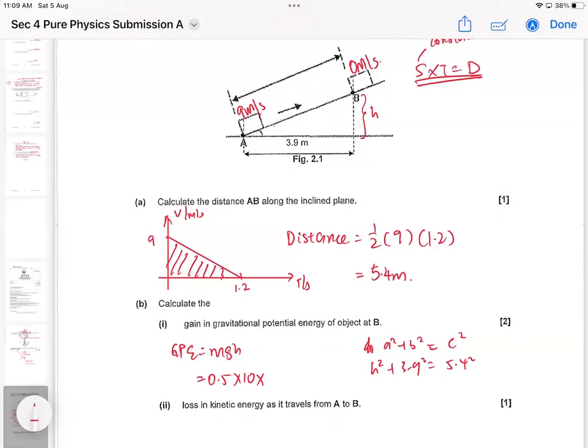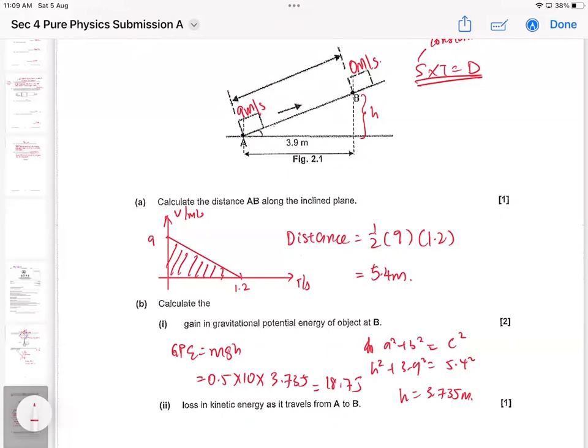So the distance here is about this, then we sub in.